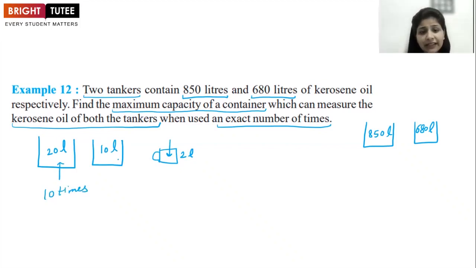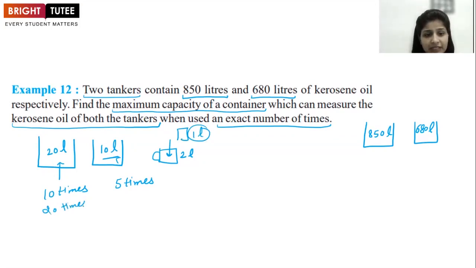And this one, 10 liter, if I have a 2 liter container using which I'm again filling and getting to know the total quantity in it, that would be 5 times. So exact number of times we are saying, it is not 6.5 or 5.5, exact number of times, 10, 5, 7, like this. Now instead of 2, if I had a 1 liter container, then 20 times I will fill from this and 10 times I will fill from this.